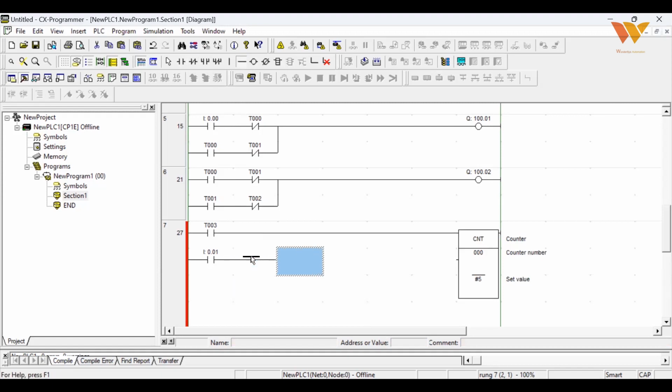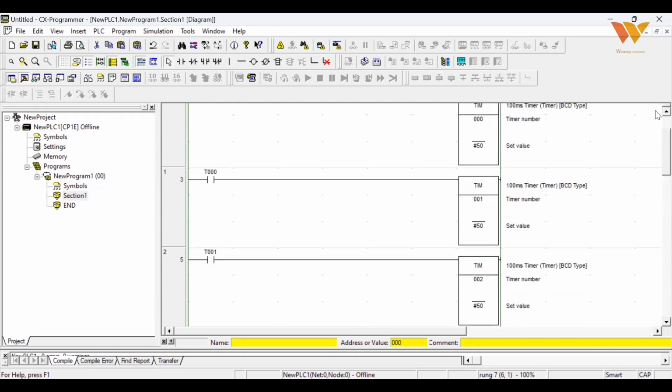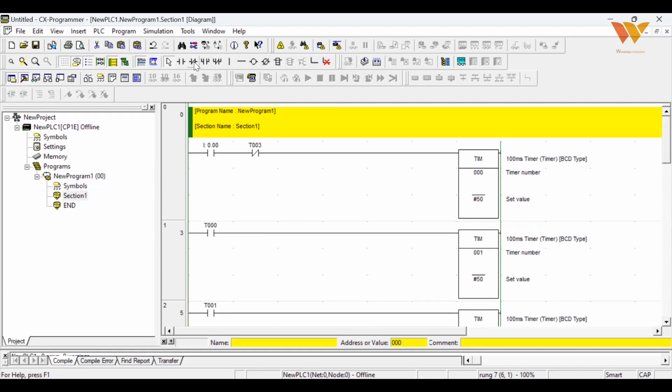Now, where should I use the counter output? I should first take the NC contact, after 0.00, we need to use it as NC. Parallel or series?